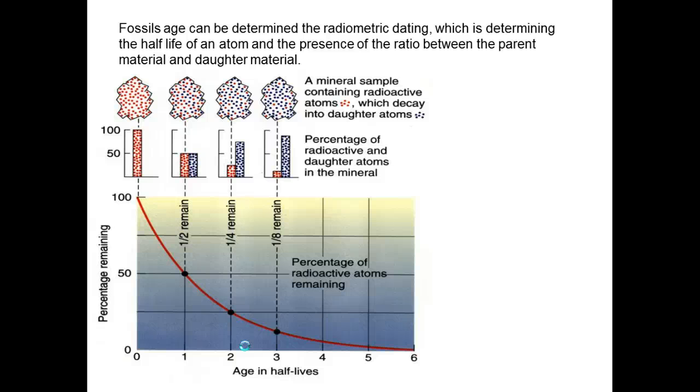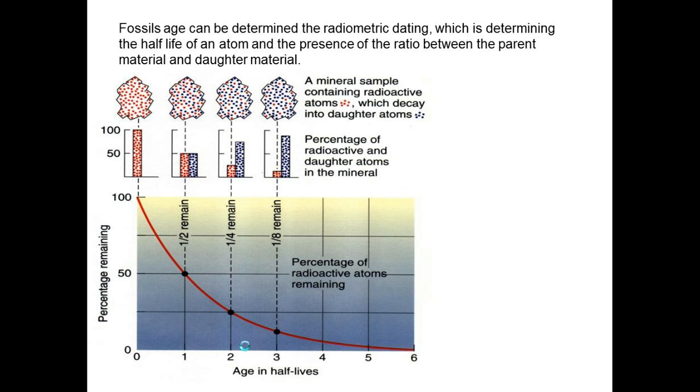Now more accurate dating is radiometric dating, where every atom, if you remember from the beginning of the year, has isotopes, and basically every material decays in a particular amount of time, and that's what we call half-life. So say for example an atom has a half-life of 5,000 years. After 5,000 years, what this represents in red is the parental material, and half of that decays.